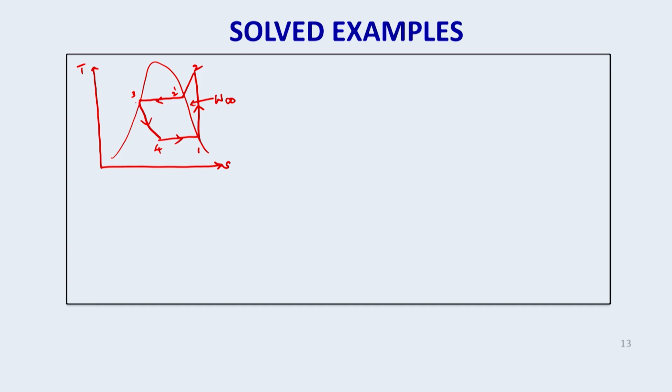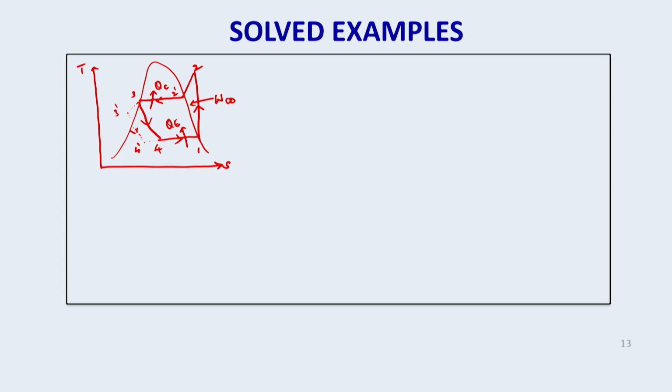And with subcooling, this is 3 dash, this is 4 dash. So, this is with subcooling. Evaporator heat load, process 4 to 1, and this is condenser heat load.